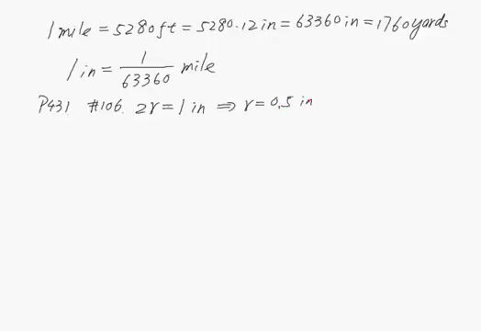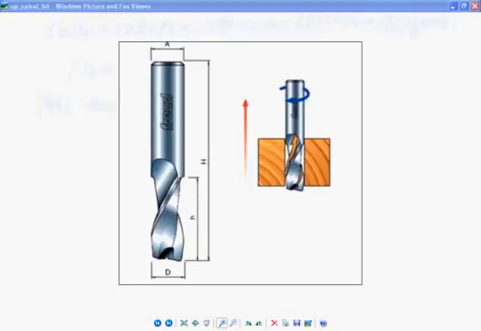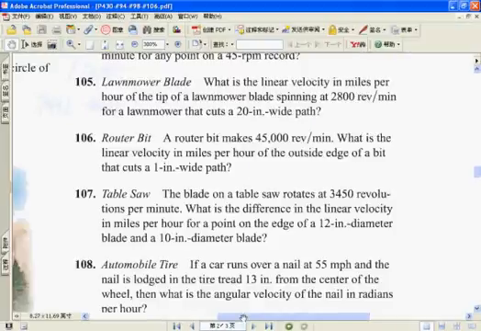And then let's get the angular velocity. The problem says a round bit makes 45,000 revolutions per minute. So that means the angular velocity is equal to 45,000 revolutions per minute.